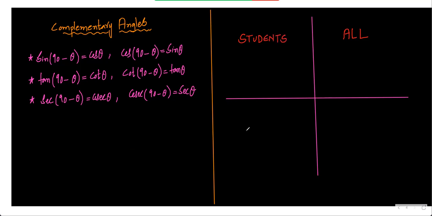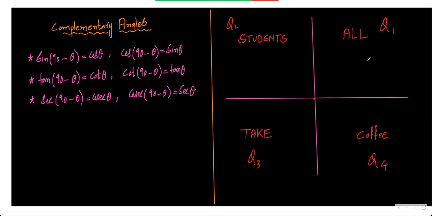All students take coffee. All students take coffee means this is also called Q1, first quadrant. This is called Q2, second quadrant. This is called Q3, third quadrant. This is called Q4, fourth quadrant.